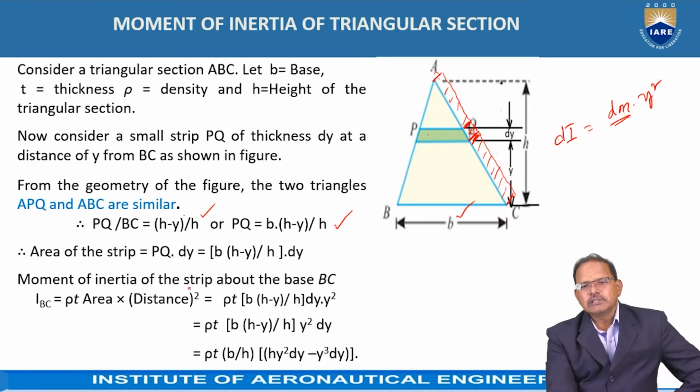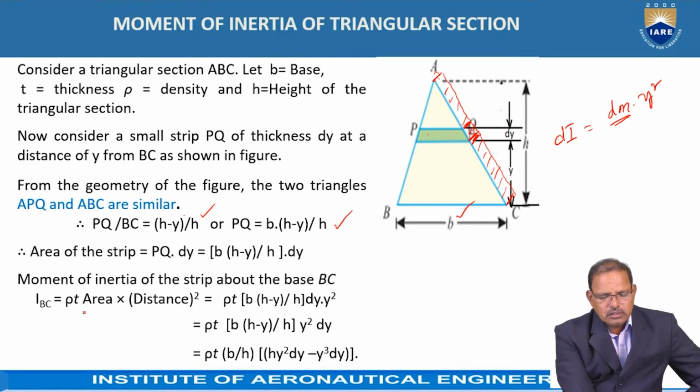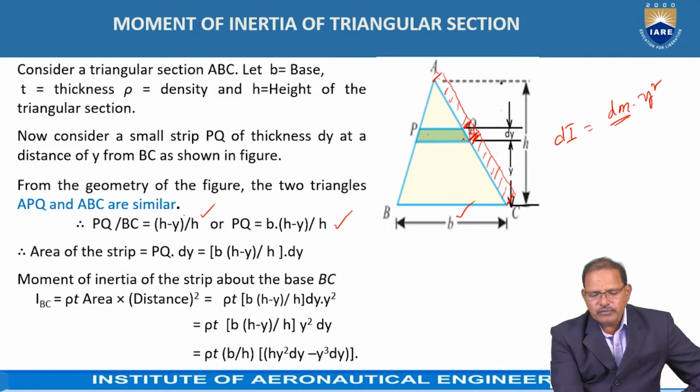So the moment of inertia of this strip about the line BC is given by the product of mass multiplied by the square of the distance between PQ and the baseline. The mass of the element is equal to the area, which we already determined, equal to b by h into (h minus y) dy.